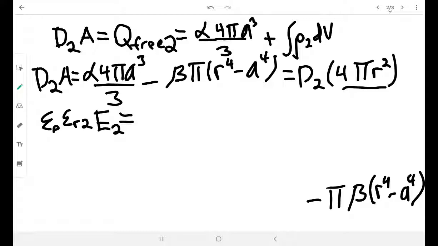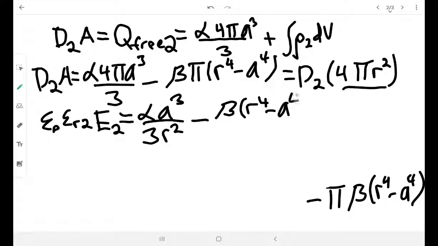So I'm going to write that out, and I get alpha A cubed over 3 r squared, and minus beta, pi's cancel out, I get r to the fourth minus a to the fourth divided by 4 r squared.